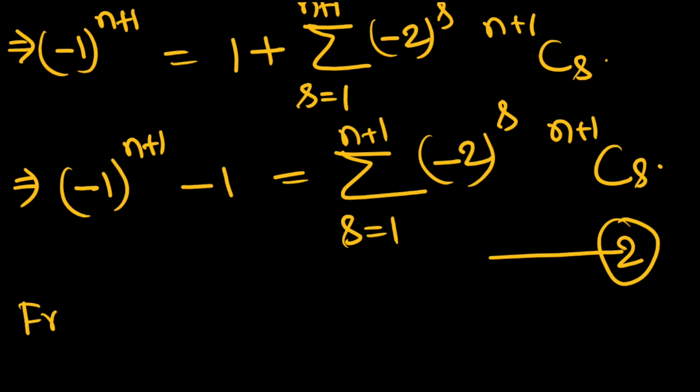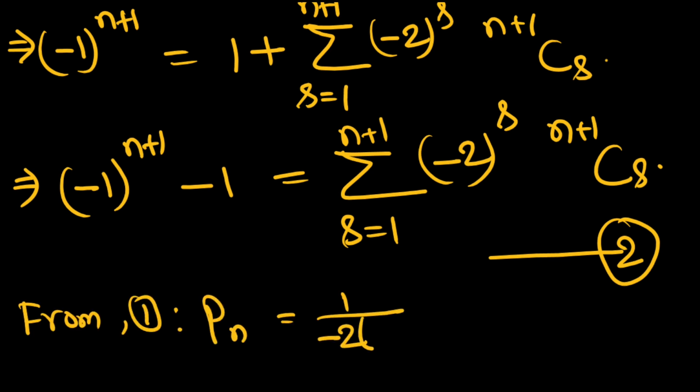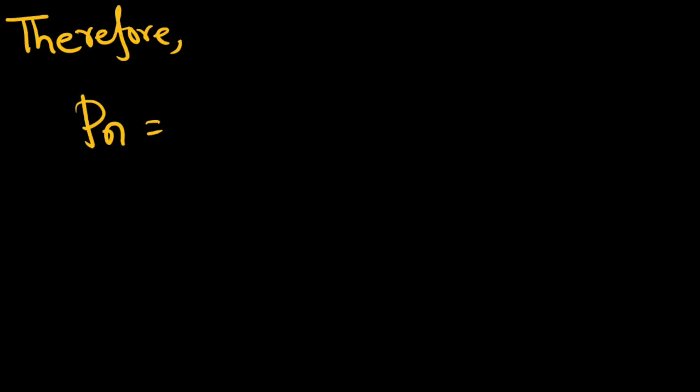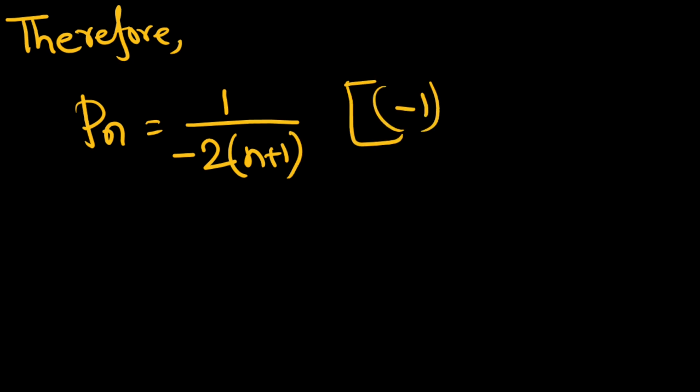From 1 we get Pn = 1 over (-2)(n+1) times the summation s = 1 to n+1, so that value is (-1)^(n+1) - 1. Therefore Pn = 1 over (-2)(n+1) times ((-1)^(n+1) - 1).